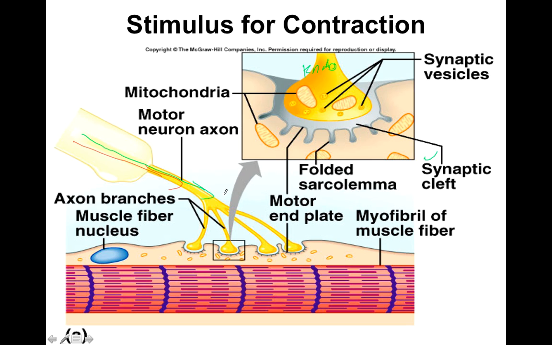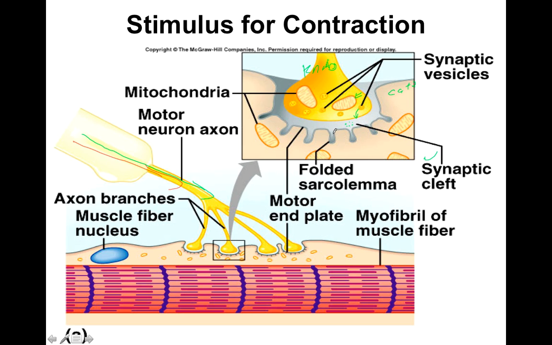That signal, when it arrives here, causes calcium, Ca2+, to flow into the synaptic knob, and it causes these vesicles to fuse with the end of the synaptic knob. When those vesicles fuse, they release acetylcholine into the synaptic cleft.